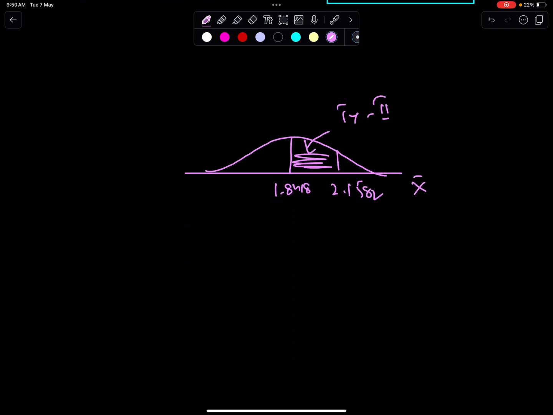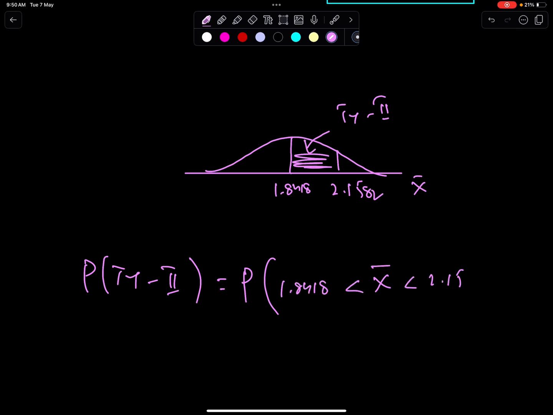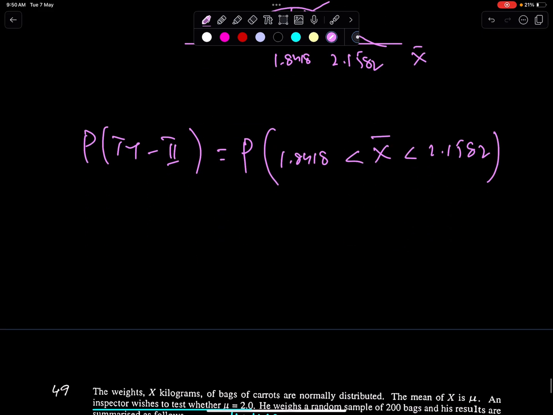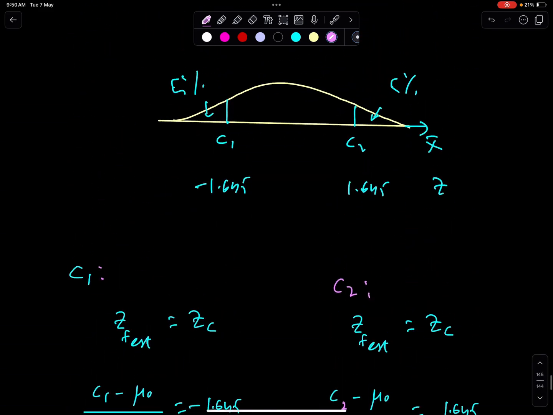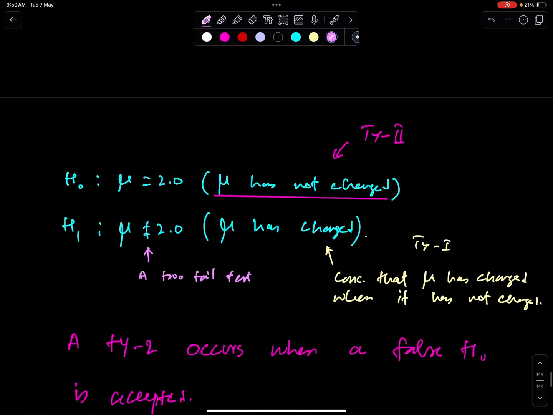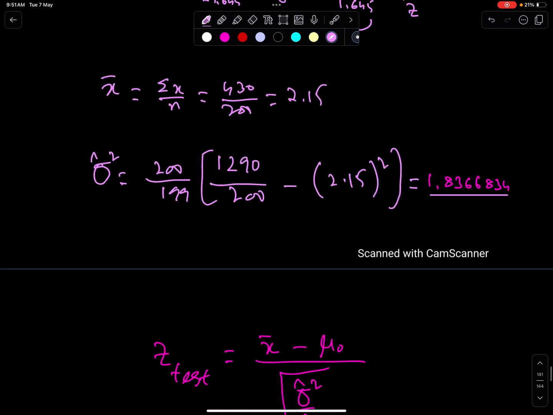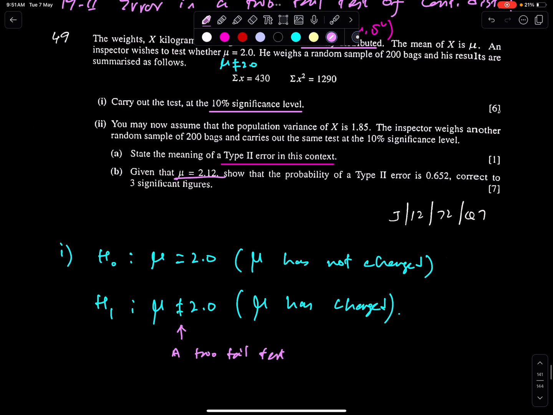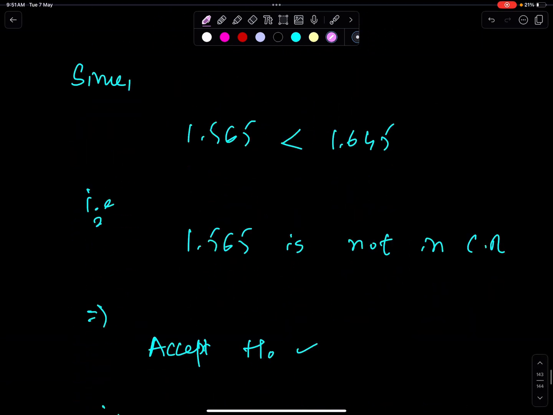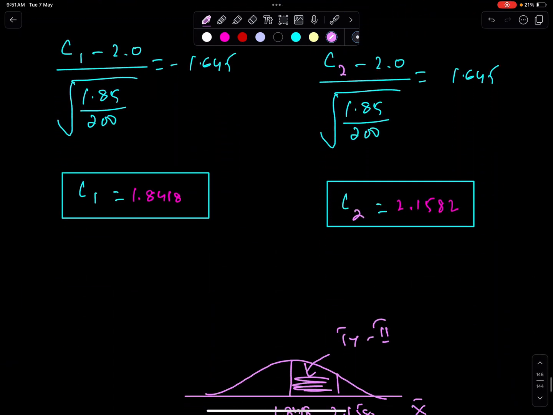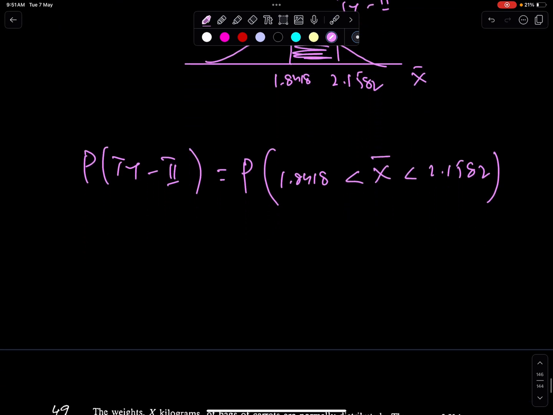Now this is the probability of type 2 error between these two numbers. So type 2 is X bar between 1.8418 and 2.1582. But you have to use the new mu, and new mu is 2.12. Make sure you use the new mu while calculating the probability of type 2 error. It's 2.12.